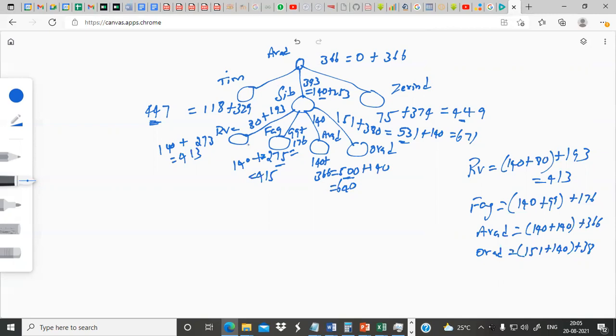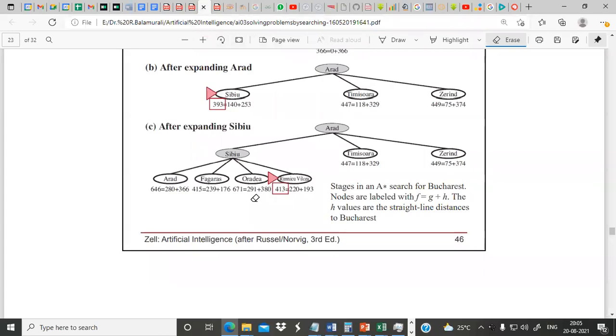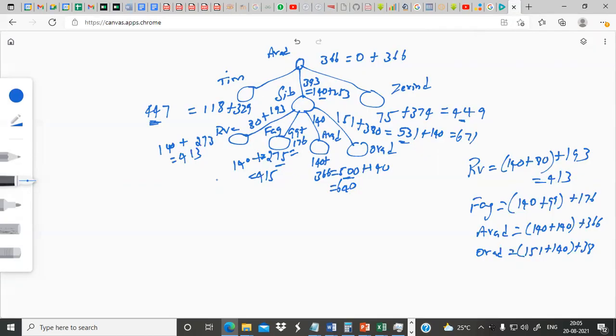So now we can check: 413, 415, 640, 671. Yeah, that's how we got these values.